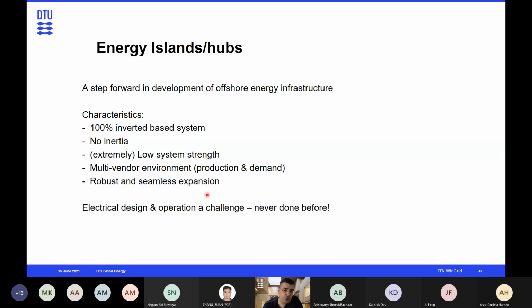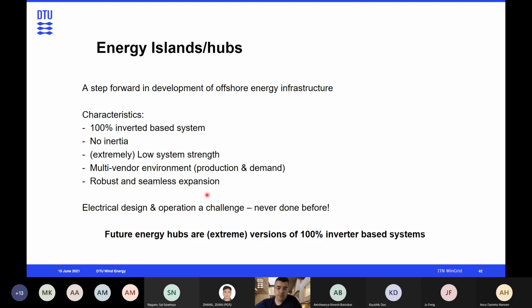So, as I said, the electrical design and the operation of such an energy island is a challenge never done before. But challenges also move things forward, and the development of things is where we learn more. And in many ways, I think the future energy hubs are versions of the hopefully 100% inverter-based systems which, if we continue the decarbonization of the power system, we will probably get to, or very close to, if we still have hydro, for example, in the system.